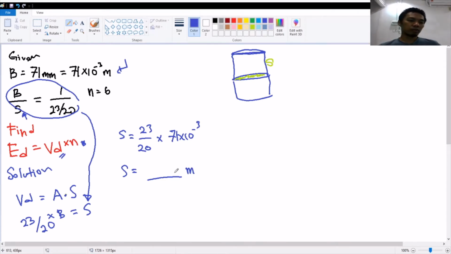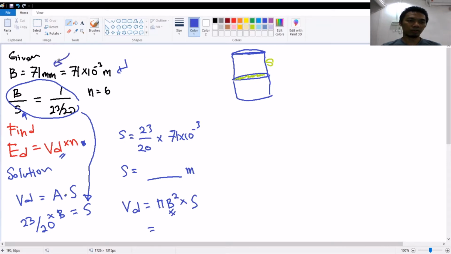After you get S, you can simply find VD equal to pi over 4 times bore squared times the stroke value. The bore is from the question.